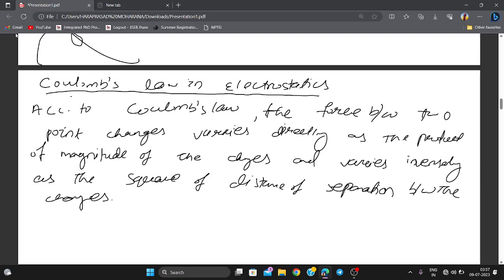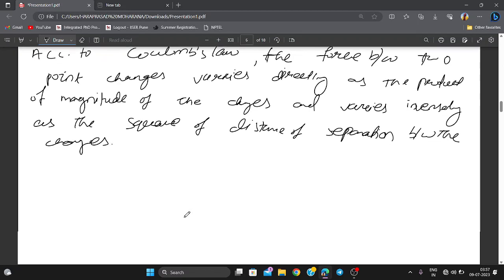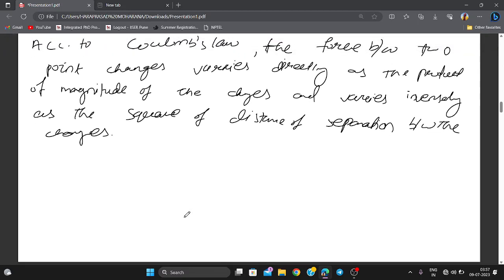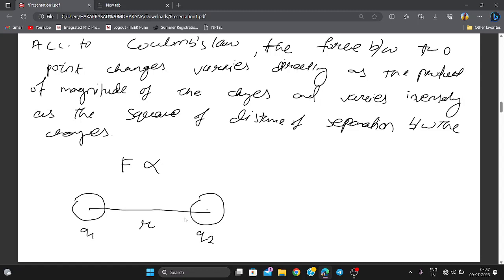You will understand it in a very good way, like this. The force of interaction is F, and it is directly proportional to the product of the two charges. Let's suppose I have two charges, one having charge Q1 and another having charge Q2. The distance of separation between their centers is small r.